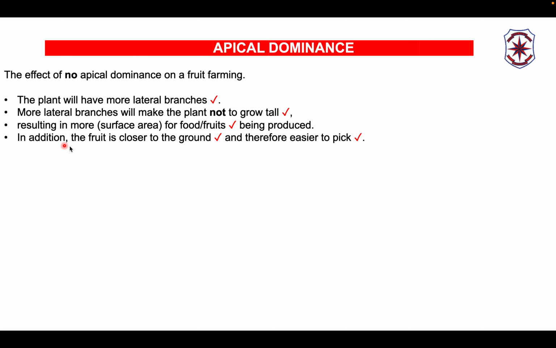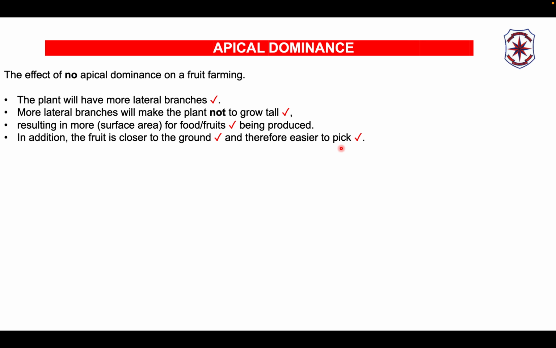And then in addition, the fruits are closer to the ground. Remember, we said that these plants do not grow very tall. The fruits are closer to the ground, and if they are closer to the ground, then human beings are able to pick them very easily, as opposed to a very tall tree. How are we going to get to the very tip of the tree to where the fruits are?